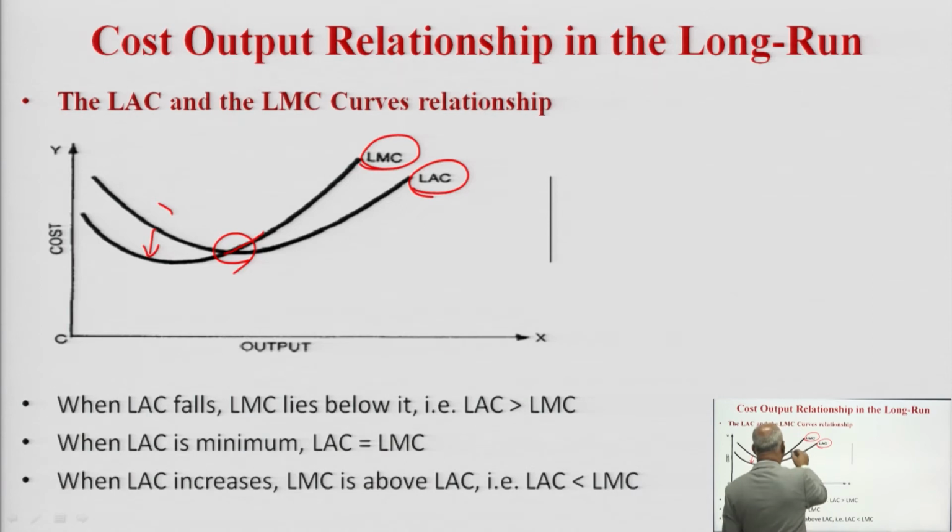So you can see that long run marginal cost is increasing and is higher compared to the long run average cost curve. So that is the relationship between the long run marginal cost curve and the long run average cost curve.